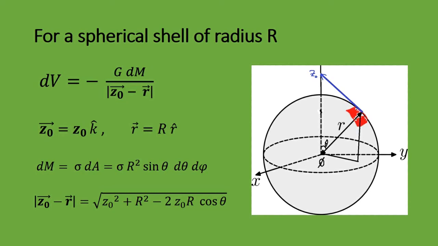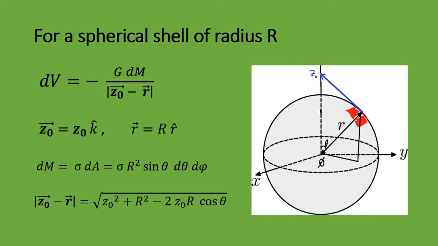And to find the length of this vector, we know from our previous video that it's equal to the square root of z0 squared plus r squared minus 2 z0 times r times cosine of the angle between the two vectors, which is nothing but the angle theta in spherical coordinates.